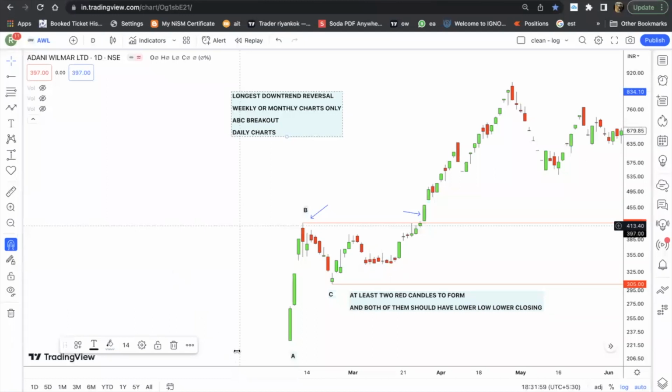Okay, we have a question from the line of Vineet Bhatia. Vineet, you can ask your question. Hello. Hi, Vineet. Hi, Riyank. Riyank, you mentioned the staircase pattern.